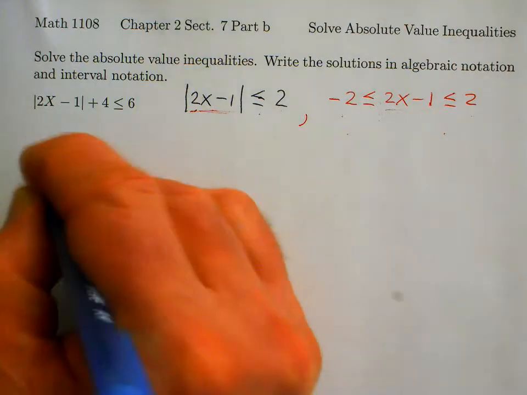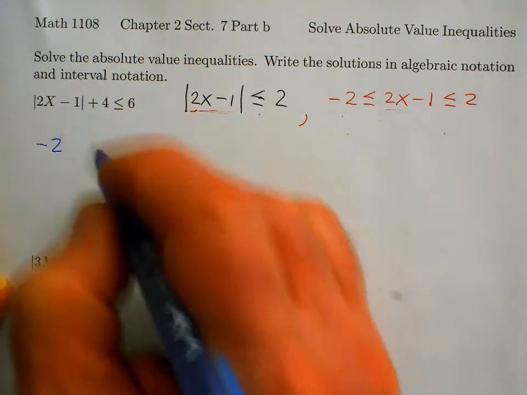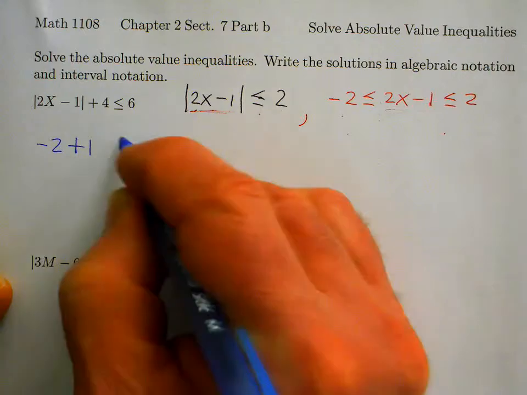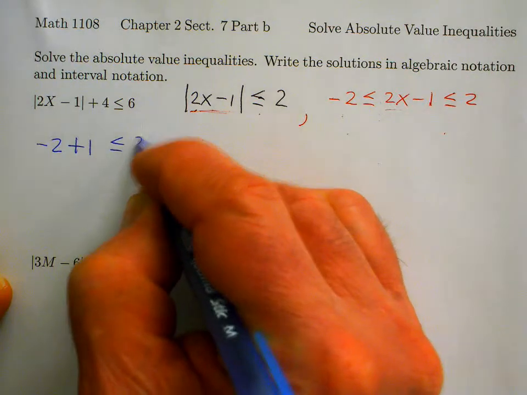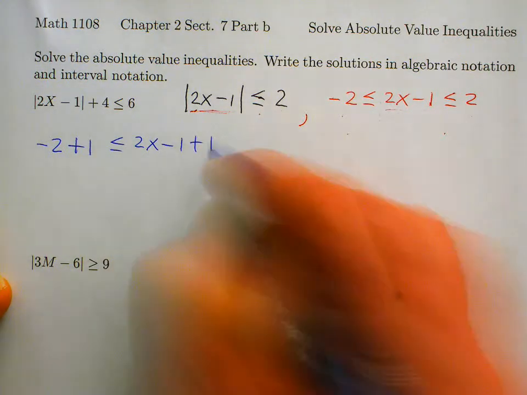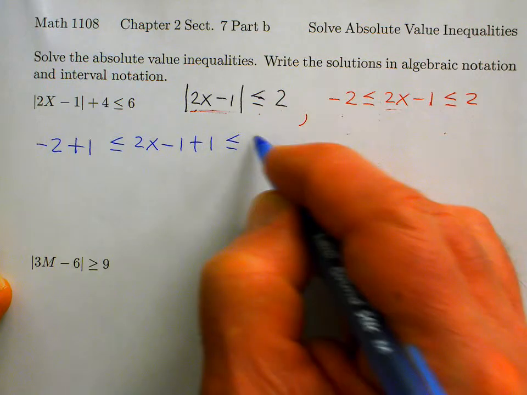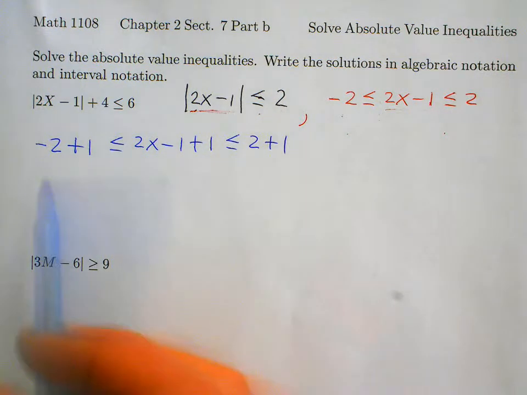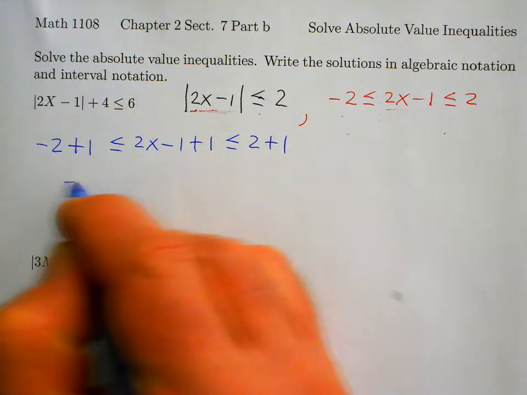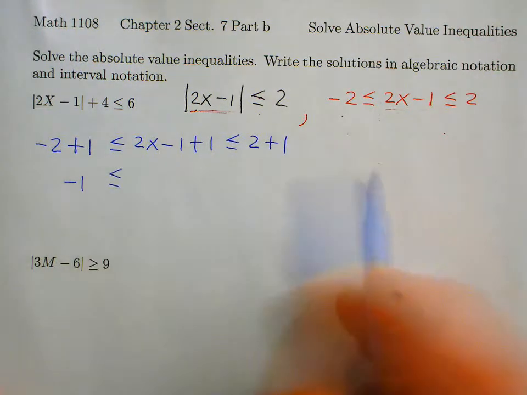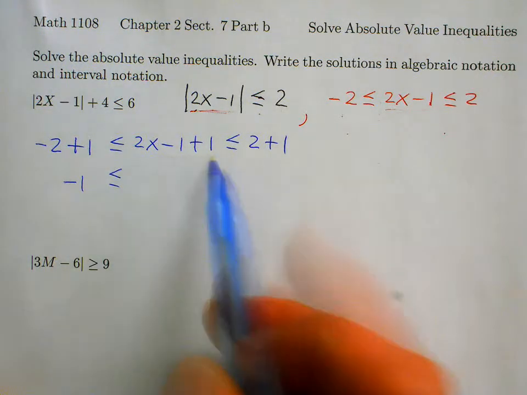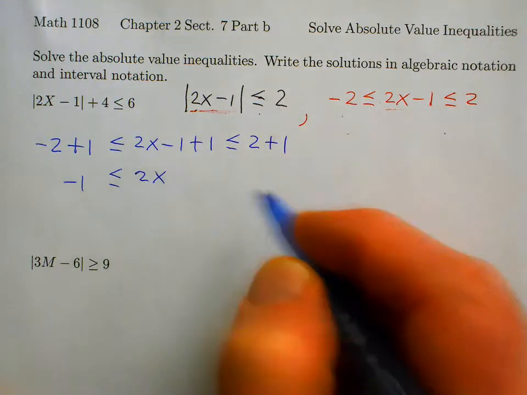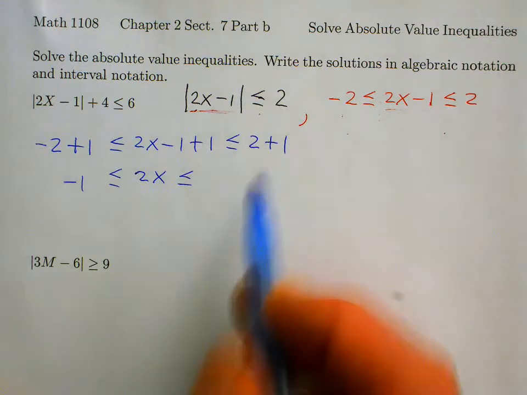Negative 2 plus 1 is less than or equal to 2x minus 1 plus 1, which is less than or equal to 2 plus 1. And then we'll simplify a little bit. Negative 2 plus 1 is negative 1, less than or equal to 2x minus 1 plus 1 is just 2x, and that's less than or equal to 2 plus 1, or 3.